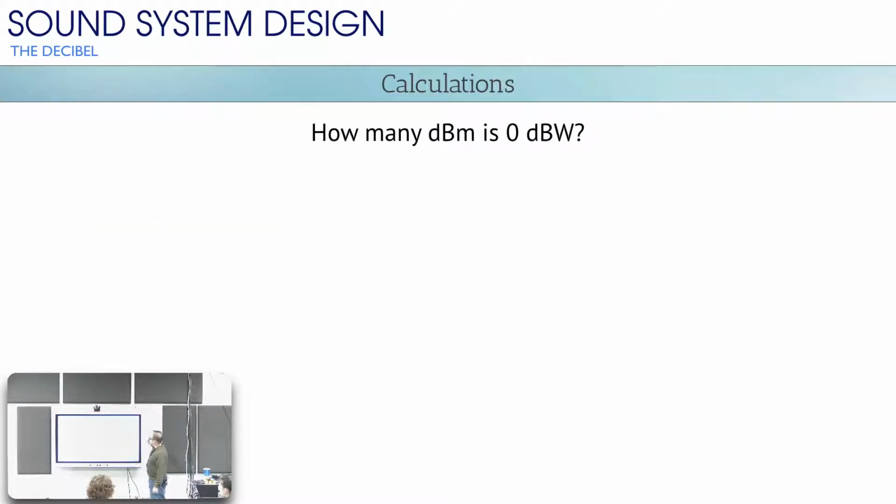Okay, here's another one. How many dBm is 0 dBw? I first would like to know how many watts 0 dBw is. So 1 watt is what I'm working with here.